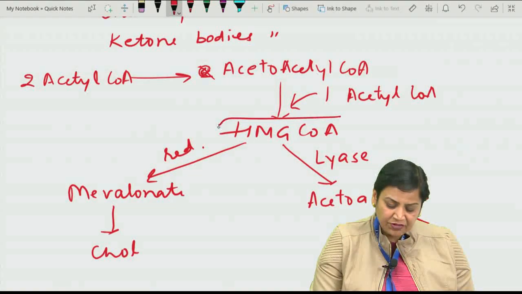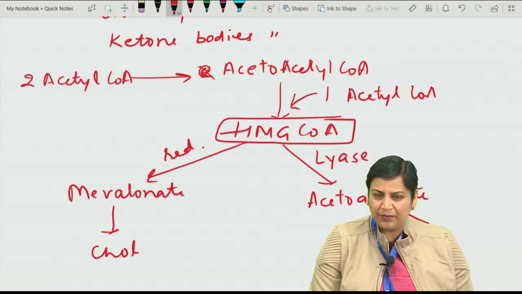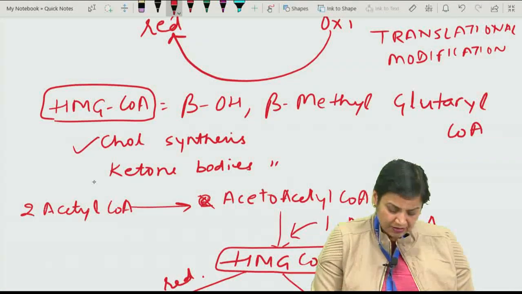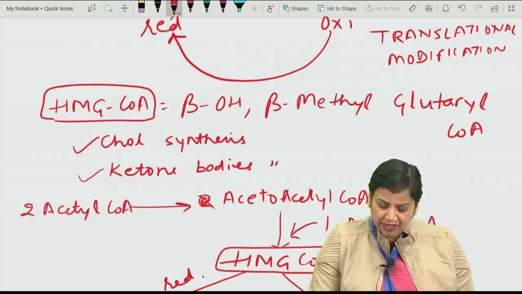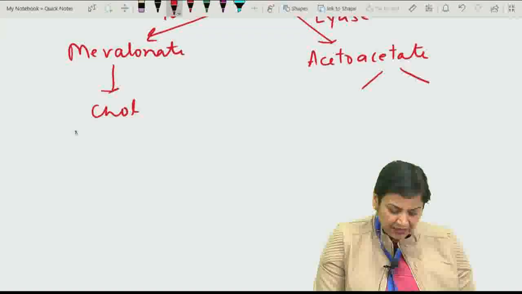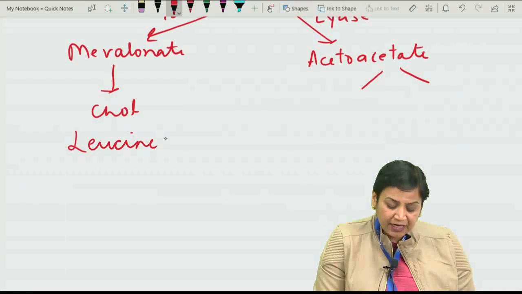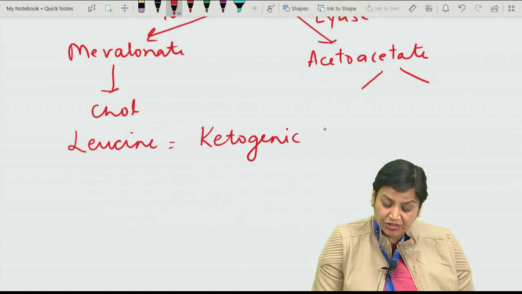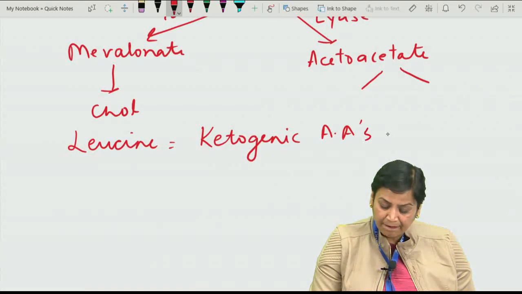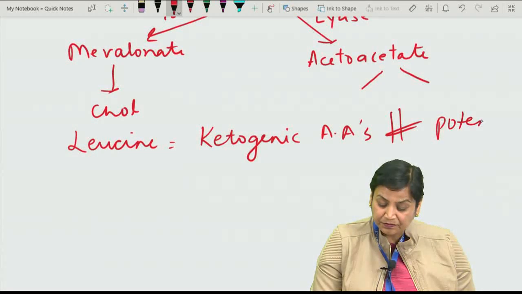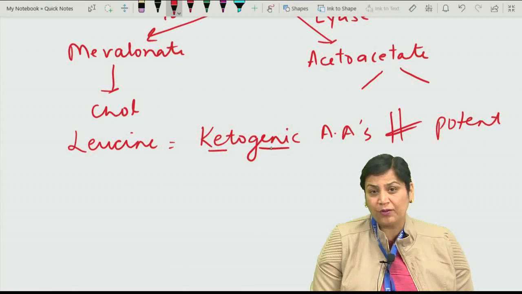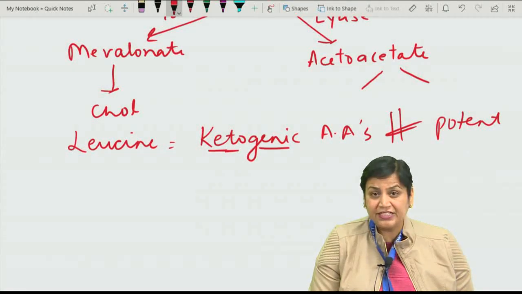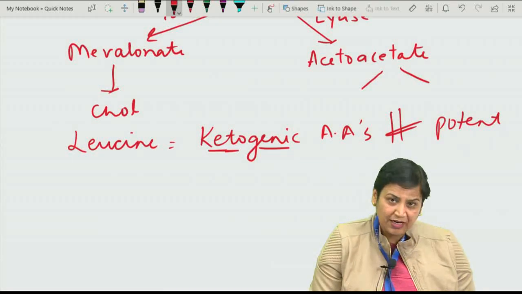So we can say HMG-CoA is the most important intermediate formed in the synthesis of cholesterol and ketone bodies. The other option is leucine. Leucine is a potent ketogenic amino acid. This is very, very important. Genesis is the formation of a keto group; if a particular amino acid generates that, it is a ketogenic one.